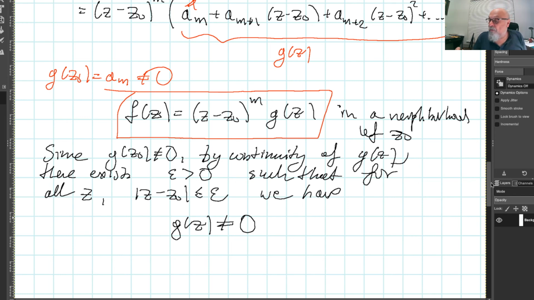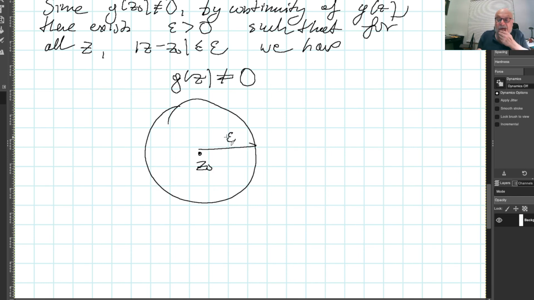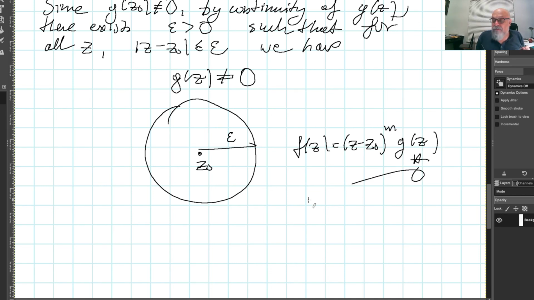So what did we get? We got that there exists a small neighborhood, this is z0, this is epsilon, and my function in this neighborhood can be written like this: f of z is equal to (z minus z0) to the power m times g of z, and that one is not equal to 0.